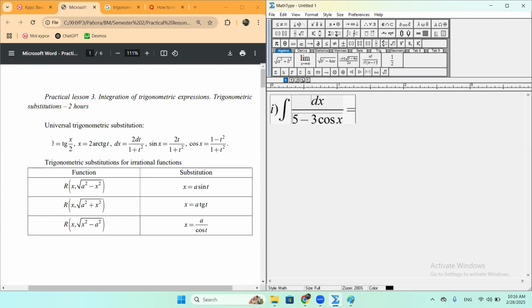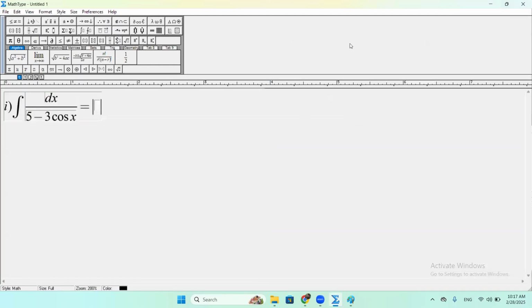We substitute t with the tangent of x over 2. Then sine of x can be turned into this expression, just using trigonometric formulas. And cosine of x is transformed to this expression. So now let's rewrite everything that we need here. t equals tangent of x over 2.